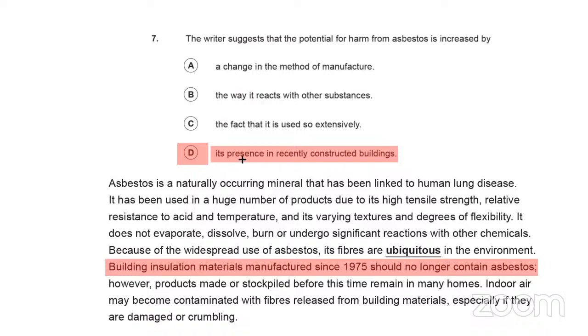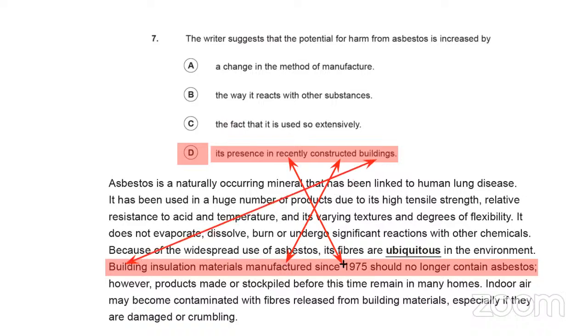Its presence no longer present. Okay. Recently means after 1975. After 1970, constructed means manufactured.